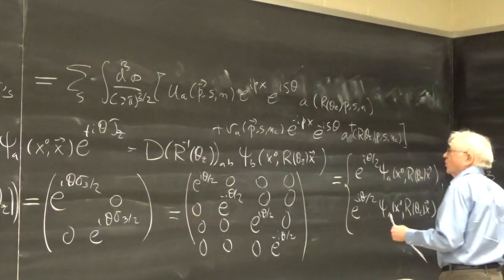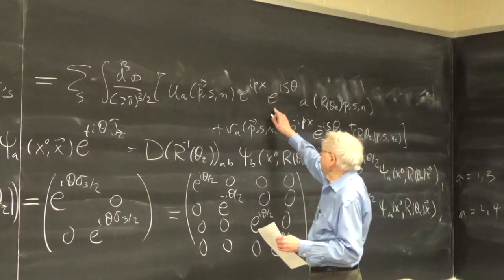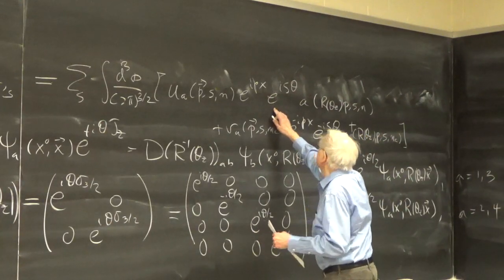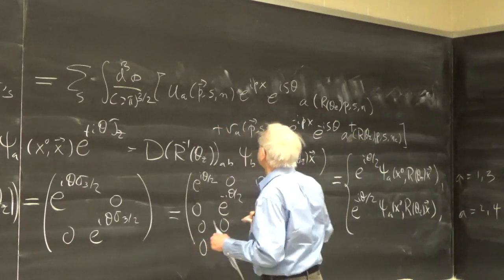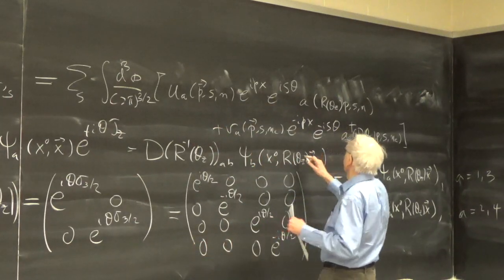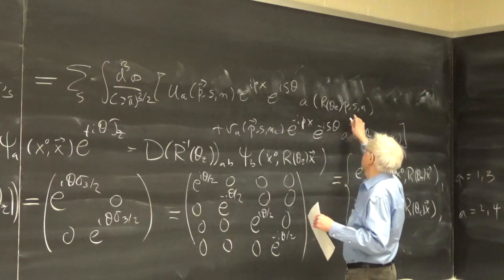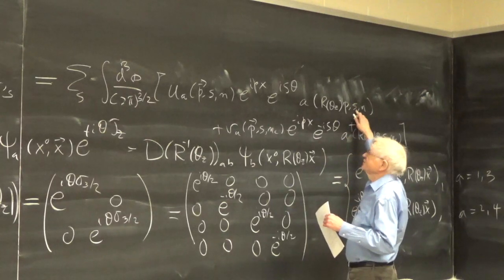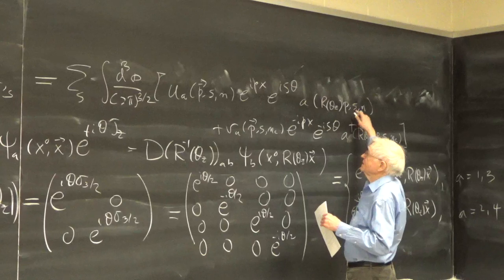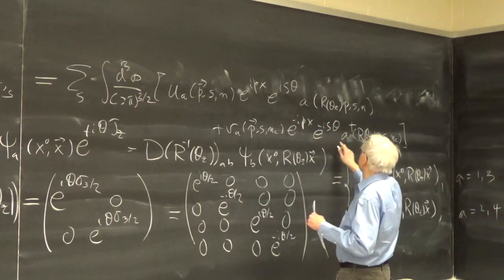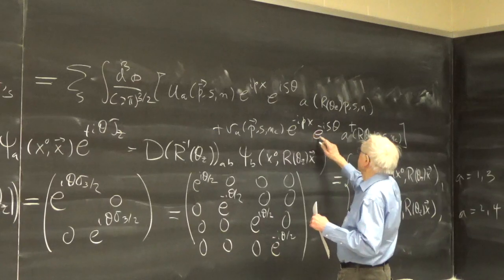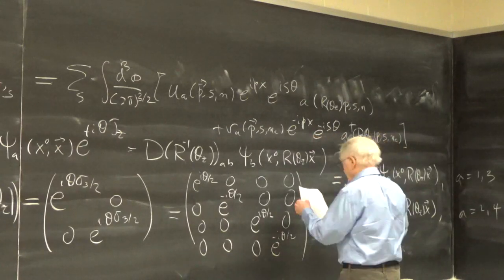So let's look by comparing these two equations, namely the effect on the Dirac field of the rotation is you multiply the annihilation operator of spin z component s by e to the i s theta and the creation operator by e to the minus i s theta.